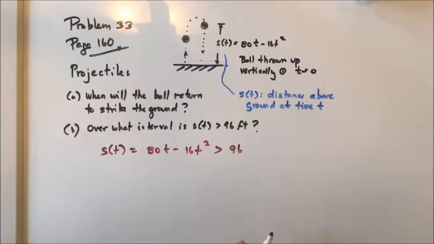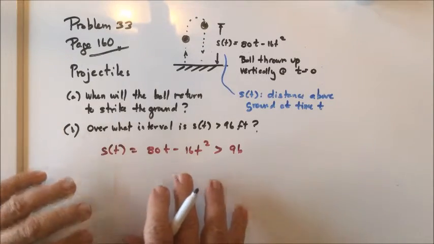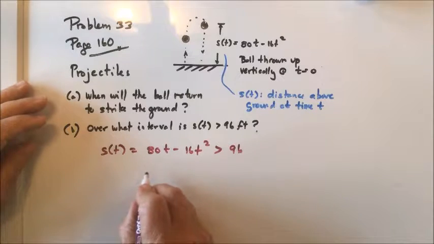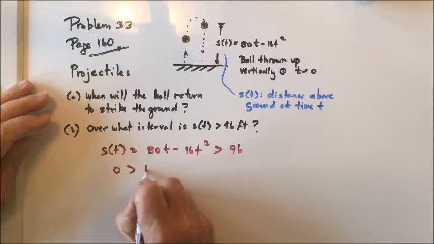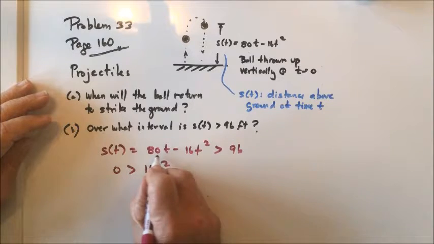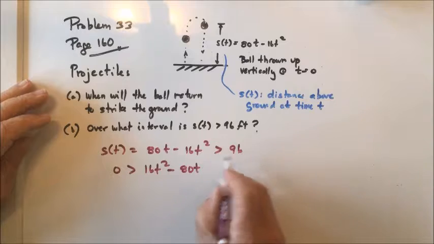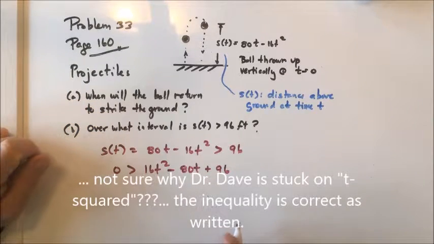So in this particular case, what we're going to do, I think, is rewrite this inequality in the following manner. I'm going to write 0 is greater than, I'm going to put the 16t squared over here, and bring the 80t over to the right hand side. The 96 is there already.